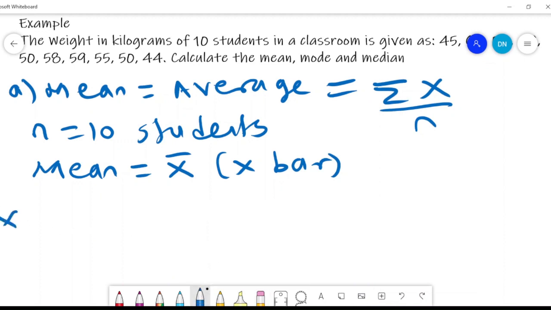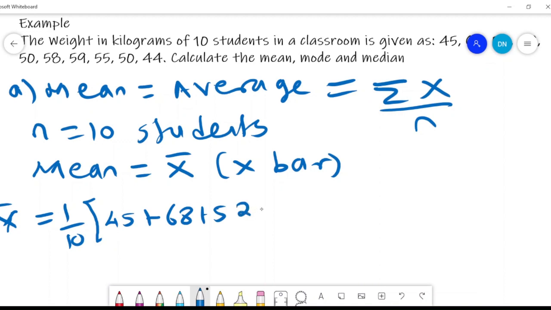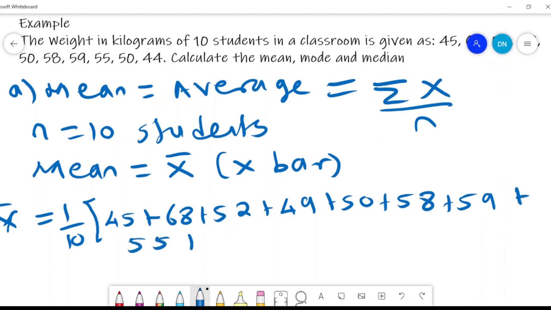The x bar is given by 1 over 10 of the set of values: 45 plus 68 plus 52 plus 49 plus 50 plus 58 plus 59 plus 55 plus 50 plus 44.